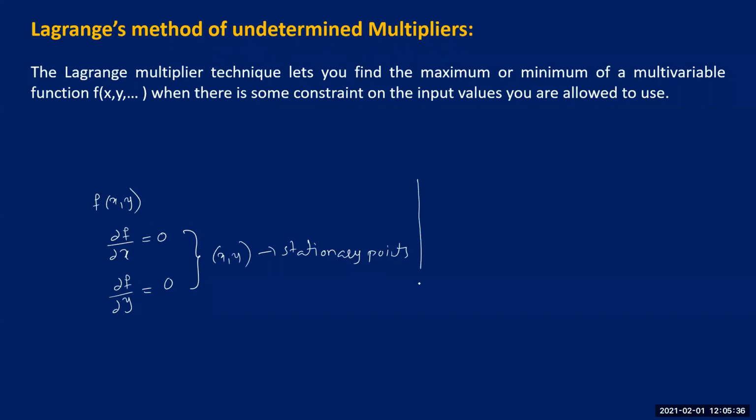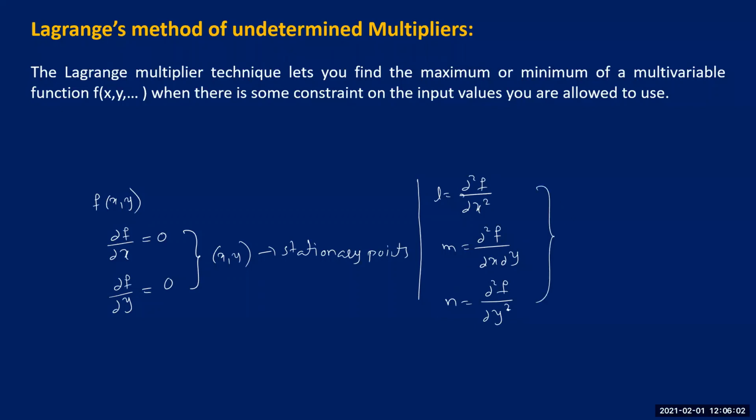To find out exactly where we get a minimum or maximum, we evaluate the second order derivatives, which we call L, M, and N. So when you take del square f by del x square, we take it as L. When it is del square f by del x del y, we take it as M. And when it is del square f by del y square, we take it as N.